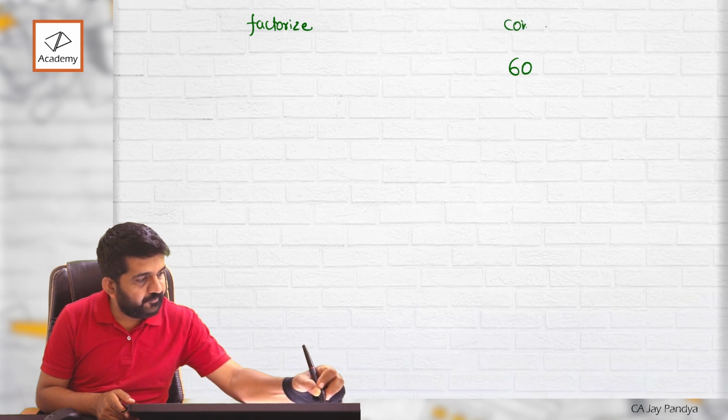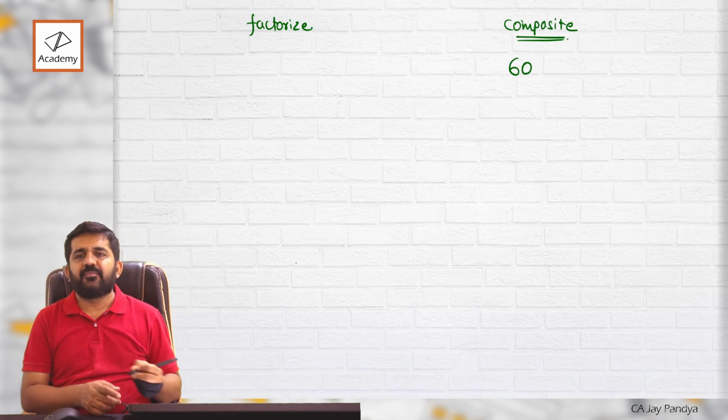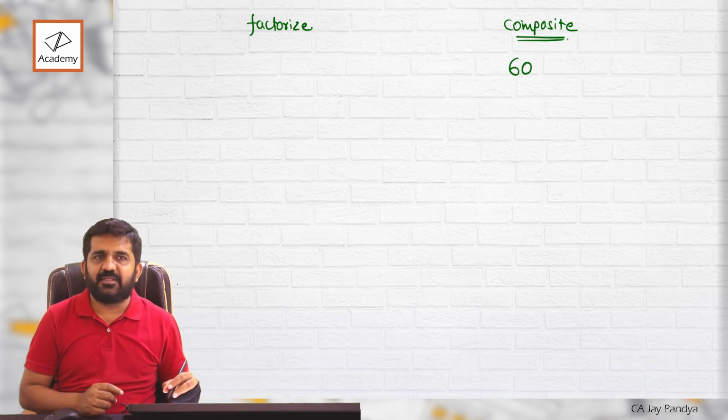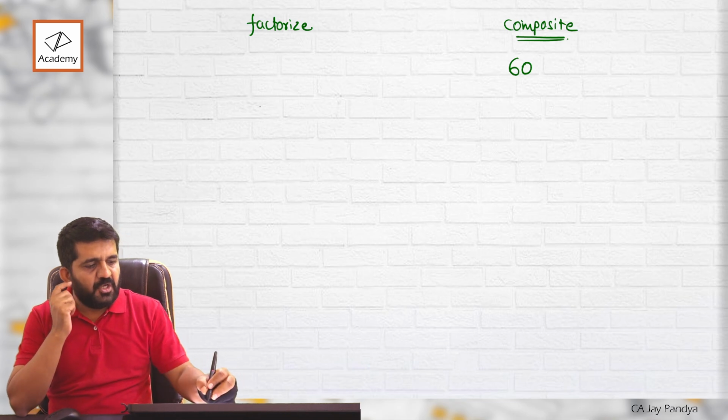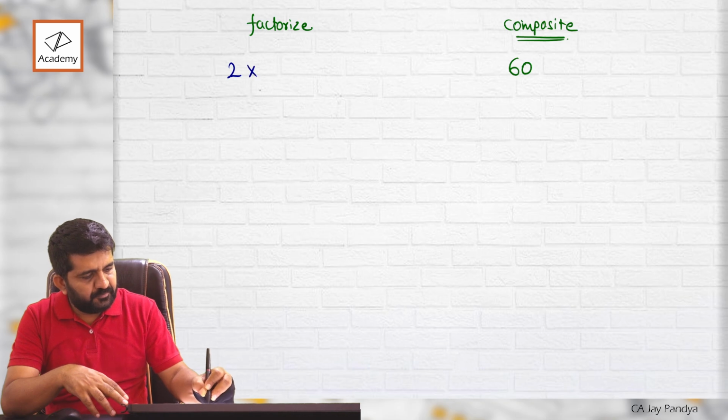Sorry, 60 is not a prime. 60 cannot be prime. It is an even number, right? It will always be composite. Factorize it in primes. 2.